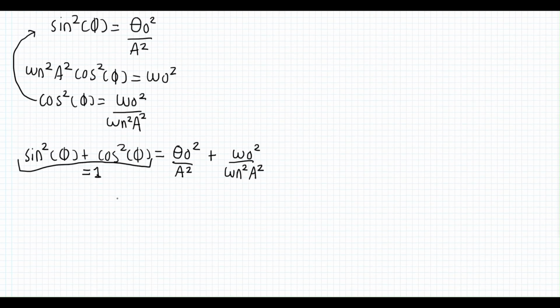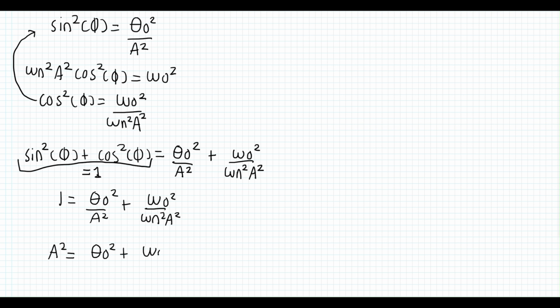So effectively what we end up with is 1 is equal to theta naught squared over A squared plus omega naught squared over omega n squared A squared. And then we multiply both sides by A squared. And we end up with A squared equals theta naught squared plus omega naught squared over omega n squared.